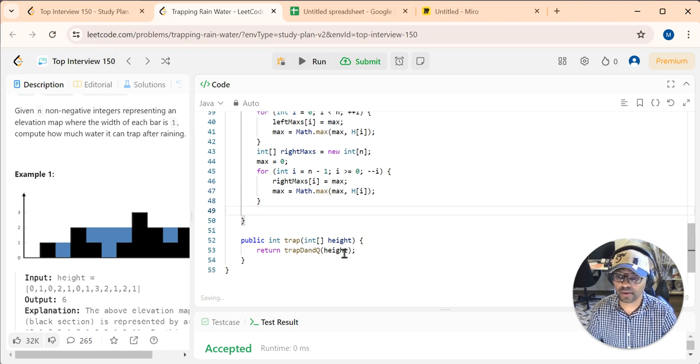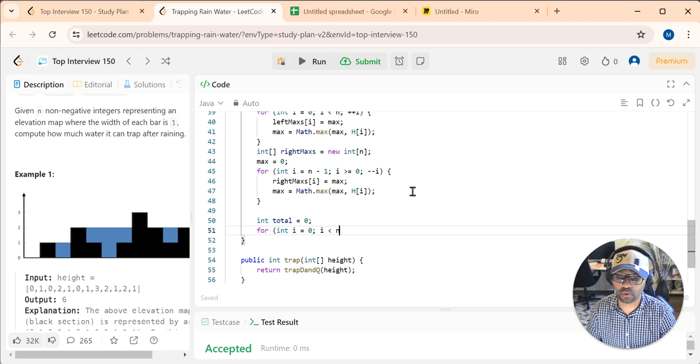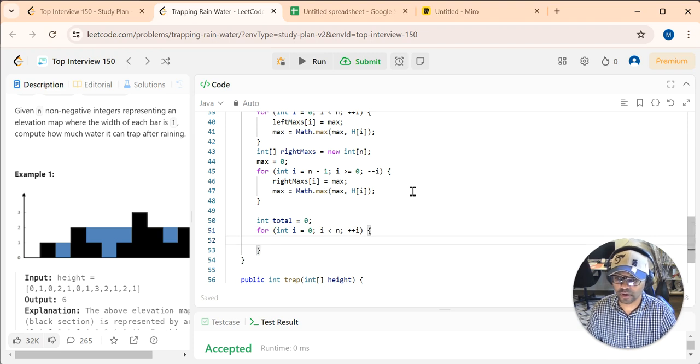Now it's easy, right? Now we just go through the whole array and figure out, for i equals 0, how much each tower can hold, plus plus i, and then we just say, what is the water this can hold? So first we need the left max and the right max of that index, and we take the minimum of that.